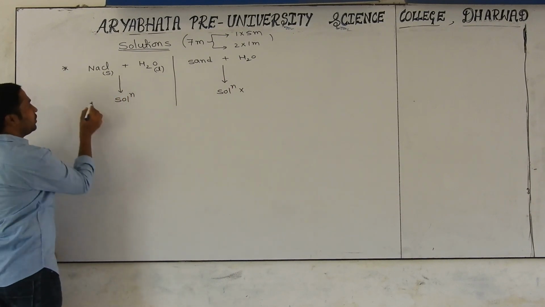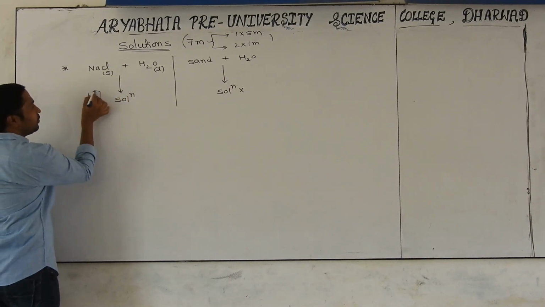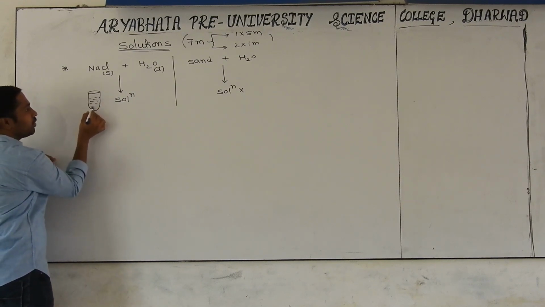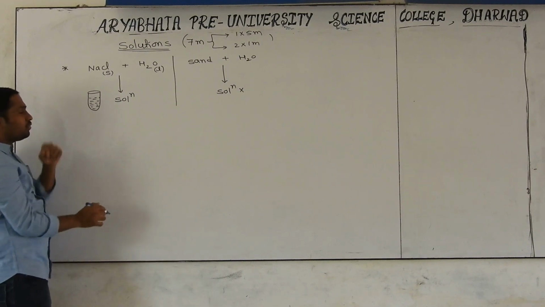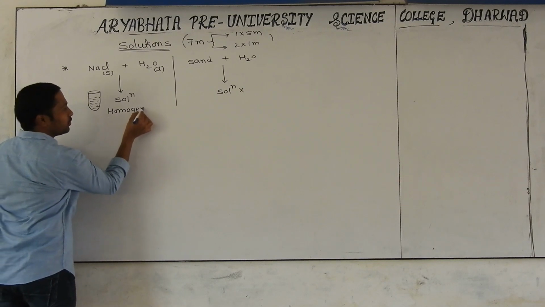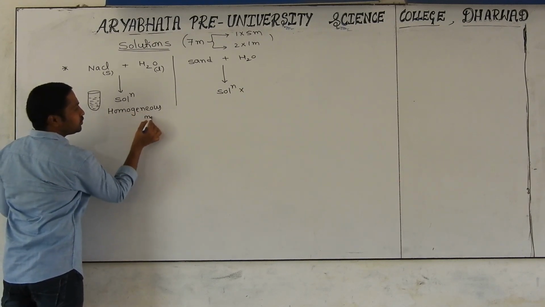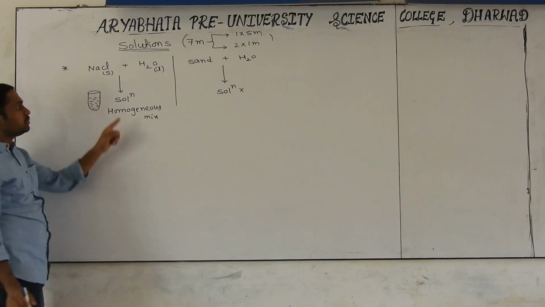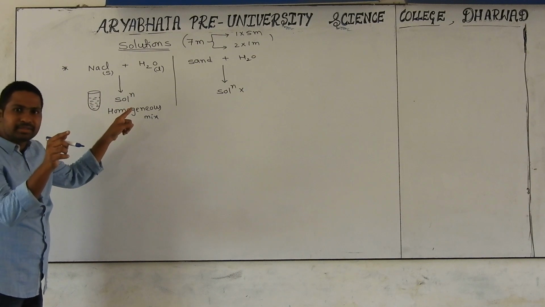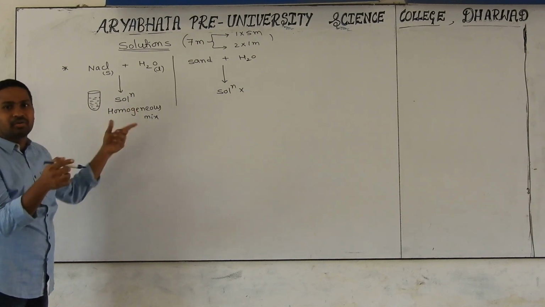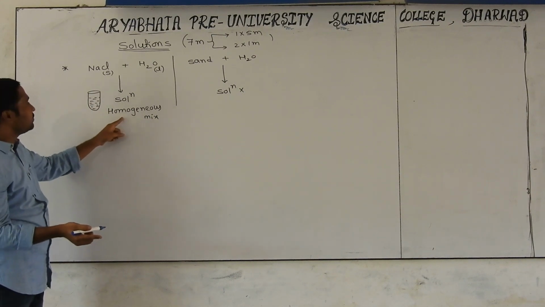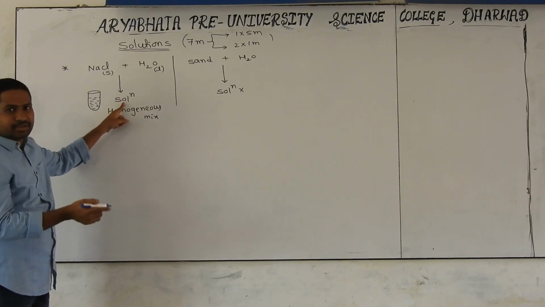If you mix them, we finally get a solution, because we get a uniform mixture. A uniform mixture is called a homogeneous mixture. After dissolving, can you identify this is a salt particle and this is a water particle? No. Such uniform distribution of particles is called a homogeneous mixture, and only such a mixture we call a solution.